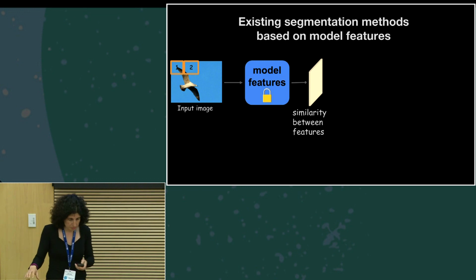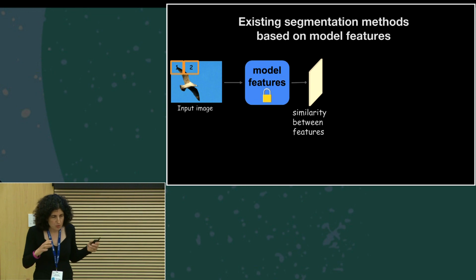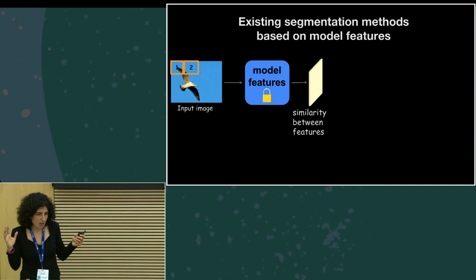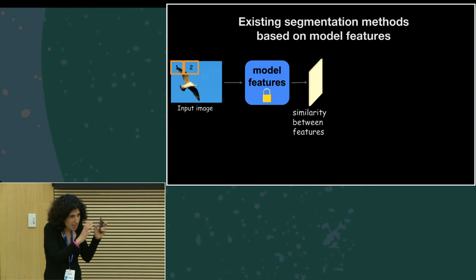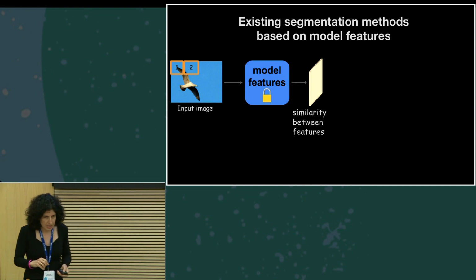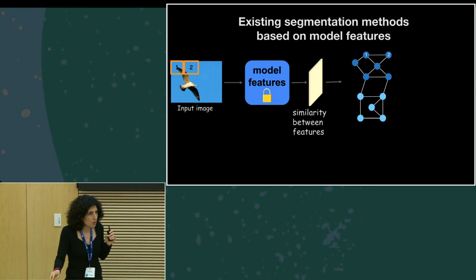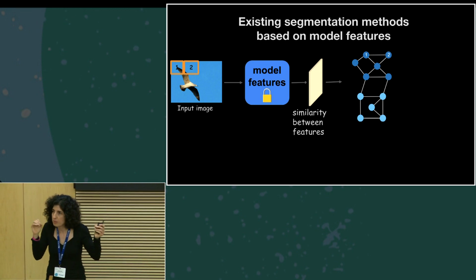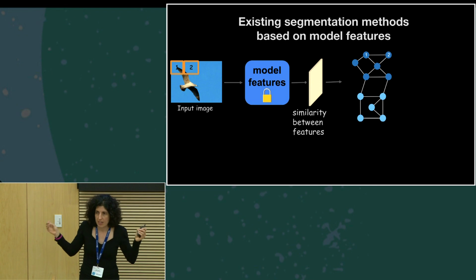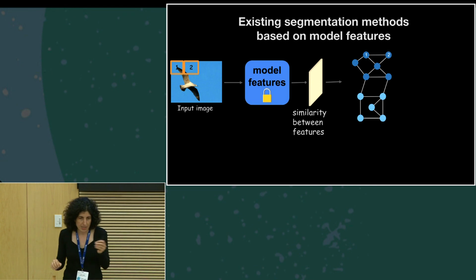So we use the similarity and create a graph. This graph takes every square and turns it into a node. And if the nodes are similar, they get a strong connection between them, an edge. If the nodes are not similar, they don't get any connection or they get a weak connection.